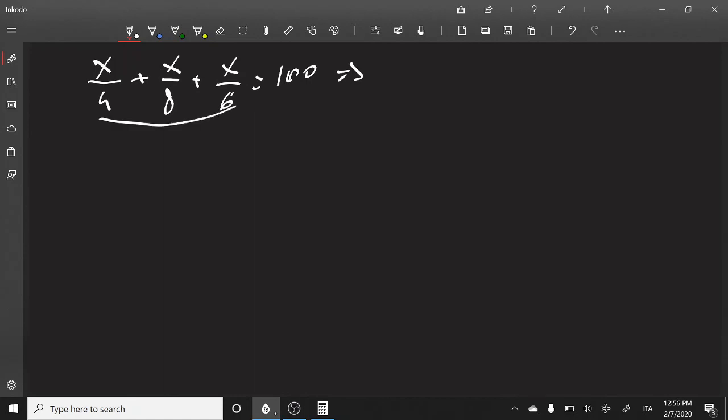We said x on 4 plus x on 8 plus x on 6 equal to 100. That means we have to make an equal divider in order to sum this. So we have 4, 8, 6, and the common divider is 48.